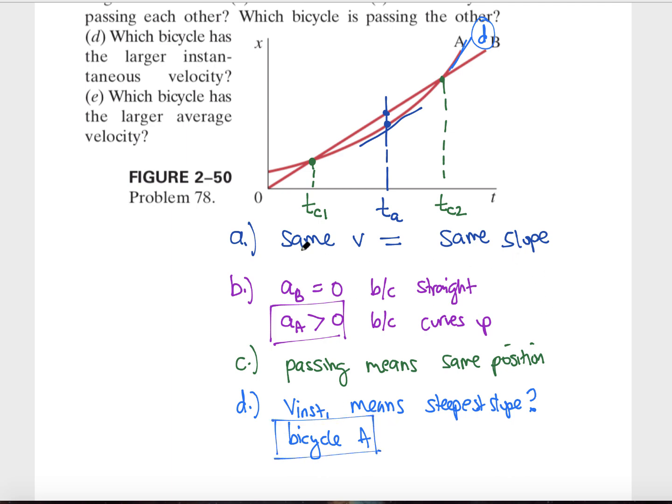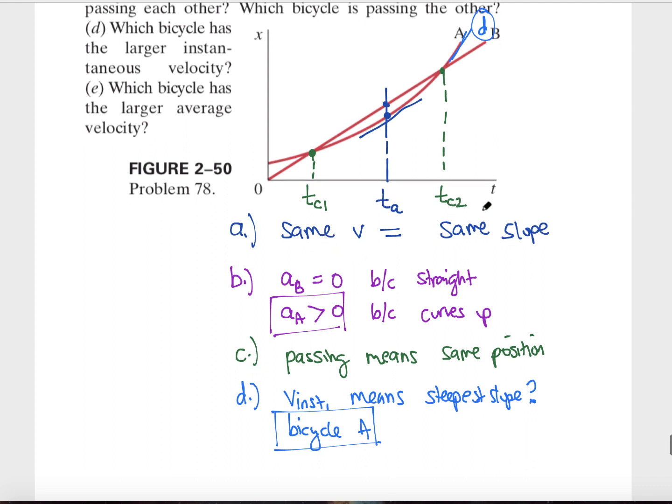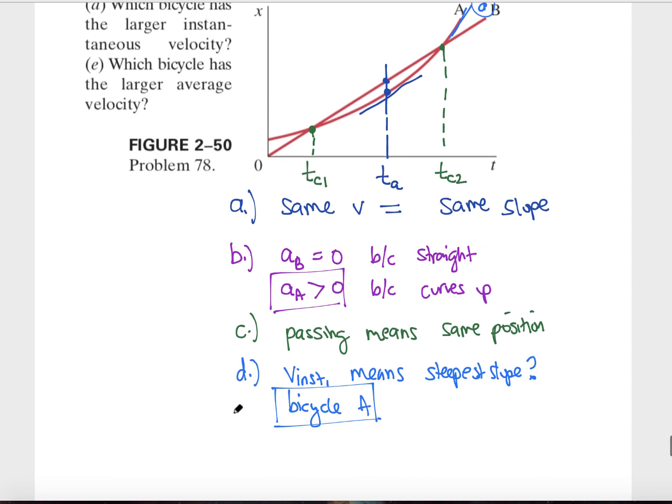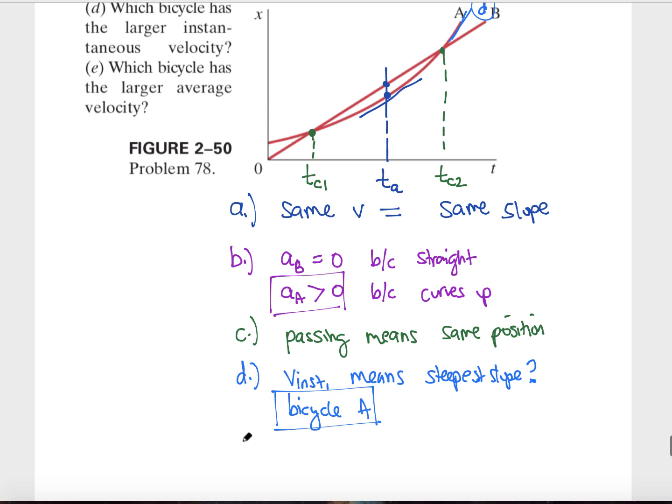And finally, which one has the larger average velocity? This is kind of a tougher one, because remember, it's change in position over time. So if we say which one has the largest average velocity, V average is change in position over change in time.